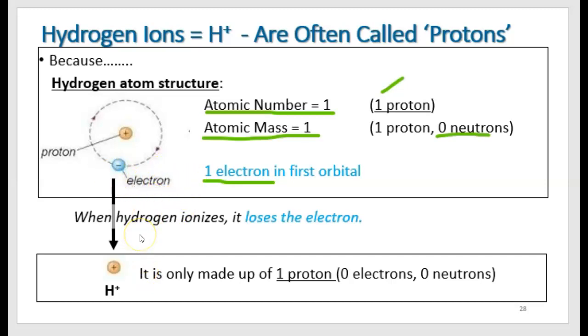Often, hydrogen ionizes and loses that electron, and it becomes what we call a cation, and we signify it with an H+, because now it has a positive charge but no negative charge. Because the only subatomic particle that is left in a hydrogen ion is this original proton, it never even had a neutron, and it lost the electron, hydrogen ions are often called protons.